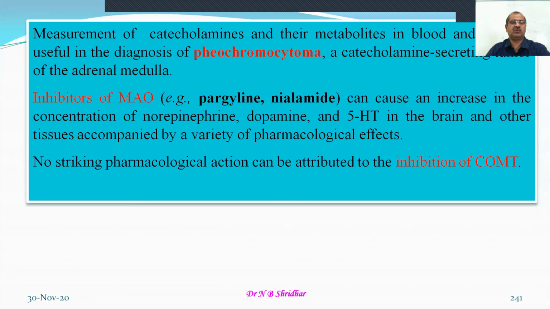Inhibitors of MAO like pargyline and nialamide can cause an increase in the concentration of norepinephrine, dopamine, and 5-hydroxytryptamine in the brain and other tissues, accompanied by a variety of pharmacological effects. Whereas no striking pharmacological action can be attributed to inhibition of COMT.